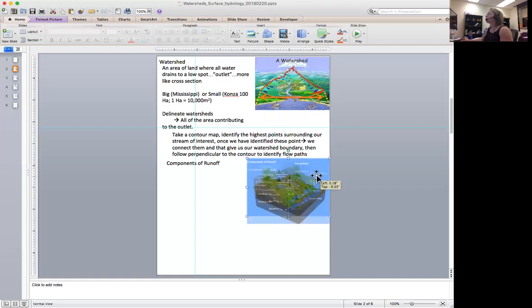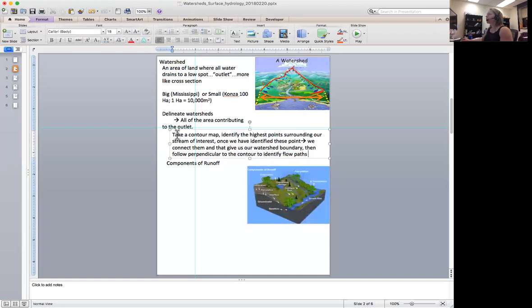Now it's important when you're doing this, let's make an addition before we get started with taking a contour map and identifying the highest points. Before that, we also need to identify the outlet. So step 1 is to take our contour map and identify the outlet.